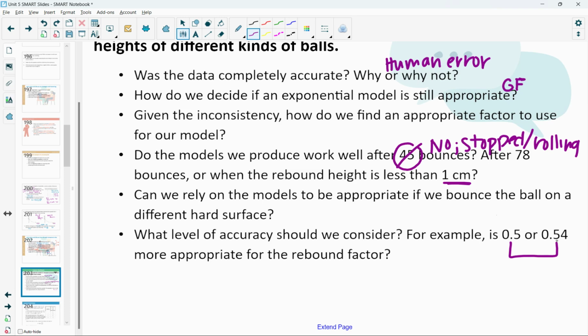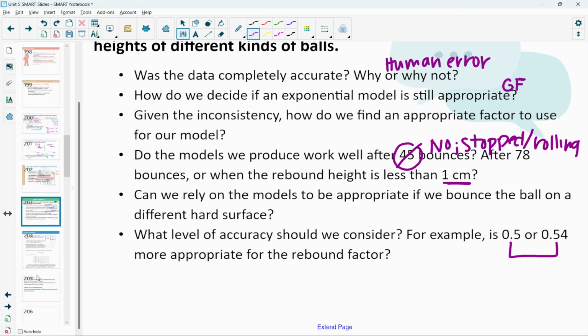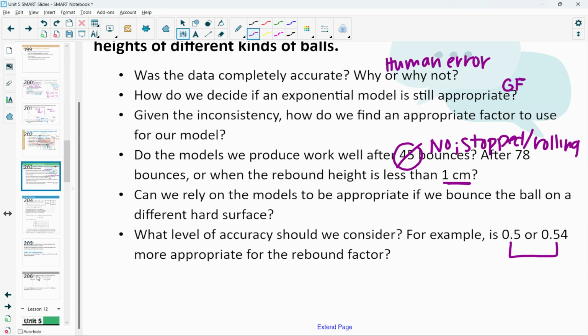Obviously, 0.54 is more precise, but is it really truly accurate for the data? That depends on if the heights were right. For this ball bouncing, it probably doesn't really matter. For something more intricate and important, you'd probably want better data.